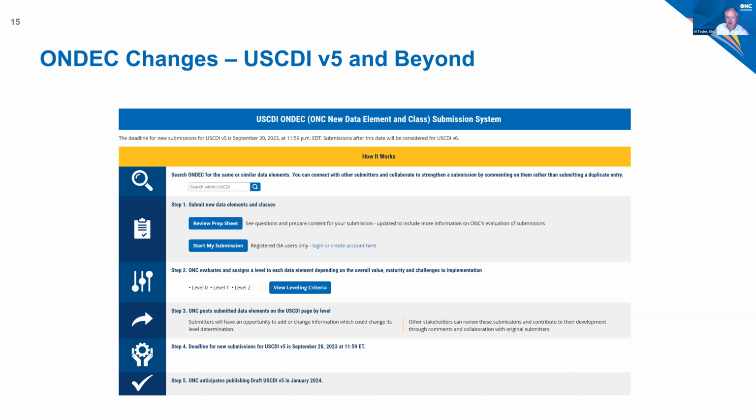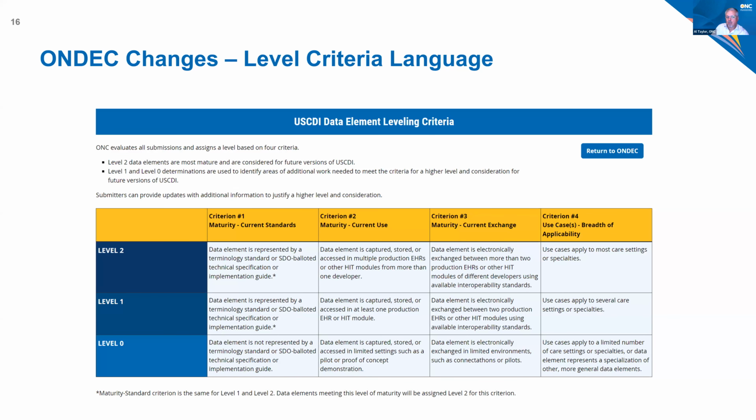The reason the level is important is because ONC provides these levels to identify which of them maybe need some more work, maybe need to be scoped in such a way to make them most broadly applicable, or maybe some additional standards development, some testing or piloting might need to be done. And so these are the ones that are going to be the most readily implementable or can be added to USCDI, and then ultimately integrated into clinical practice as far as capturing and exchanging the data.